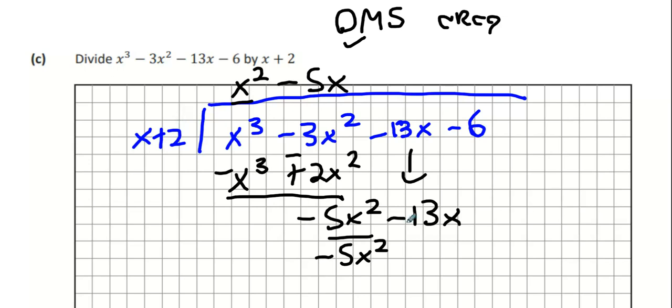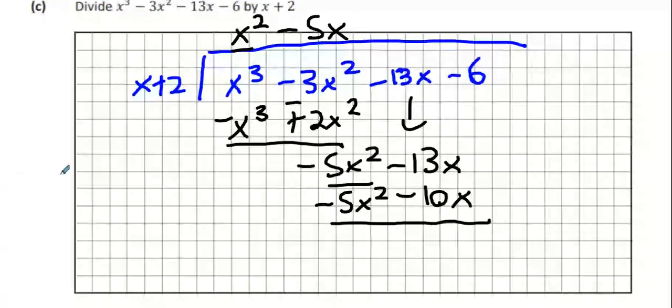Minus 5x by 2, minus 10x. Now, lads, add downwards. Change the signs. So anything that's a minus is now a plus. Minus 5 plus 5 cancels. Minus 13 plus 10. Drop the 6. Minus 6.